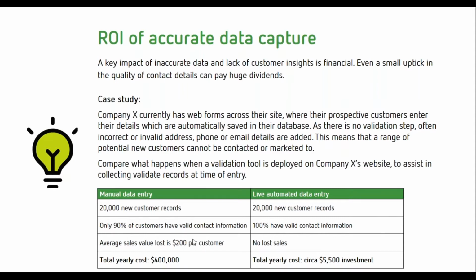And if the average sale value lost of those 10% that are bad is $200, you've effectively lost 400 grand. If you've got the automated data entry with the total check, same number of customers, we know that 100% of people have valid contact information, therefore no lost sales. Basically, it's a circa 5.5 grand investment or thereabouts, and of course, those 400 grand of sales is there.